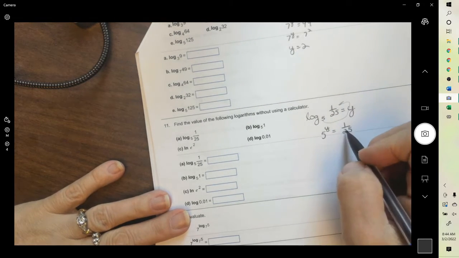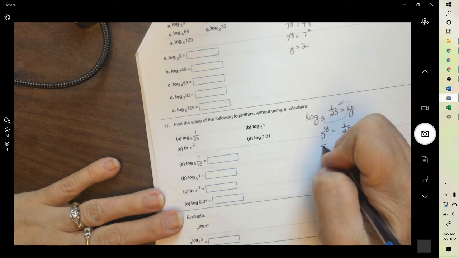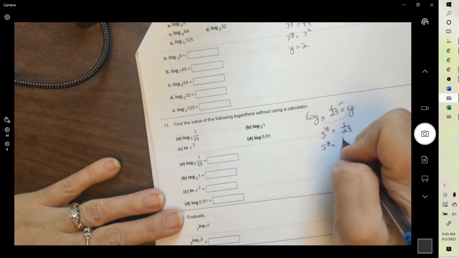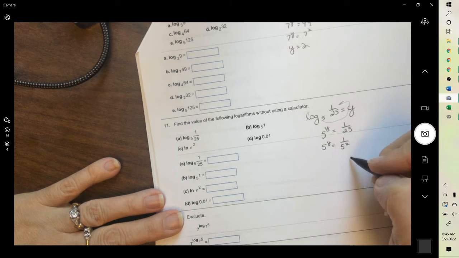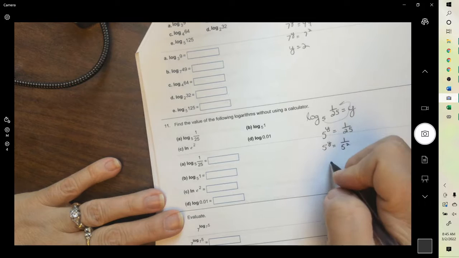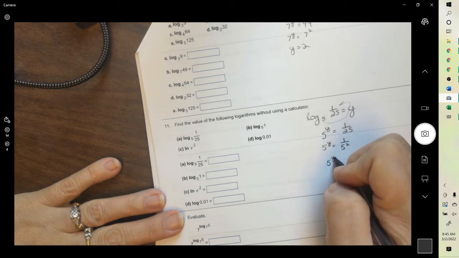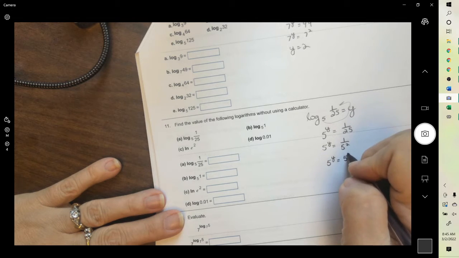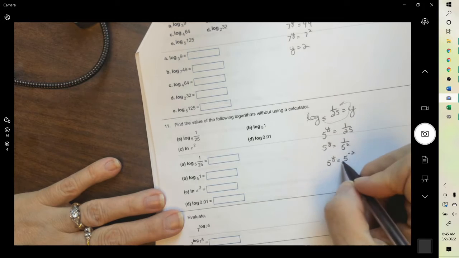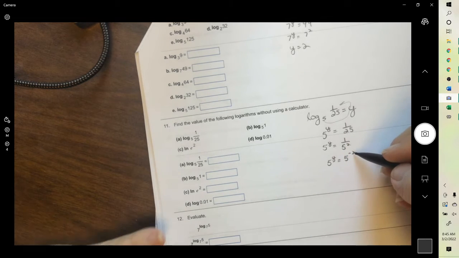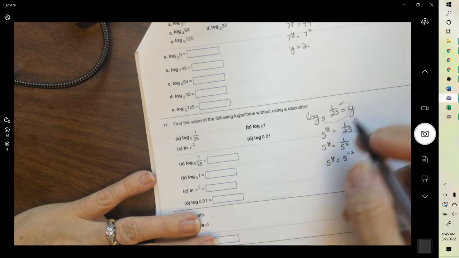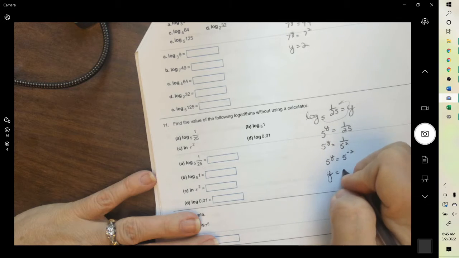This is 5, 25 is 5 squared. But this is in the denominator, so we need to move it up. 5 to the y equals 5 to the negative 2. When you move something up, it changes the sign of the exponent. Now we have the same base, y equals negative 2.